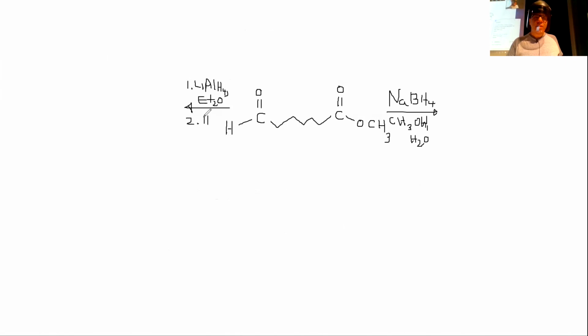So we've already said that sodium borohydride will only react with aldehydes and ketones. It will not touch the ester. So I would expect that we would get a primary alcohol on that end of the molecule. I just want to count my carbons. 1, 2, 3, 4, 5, 6, 7. And the ester group will remain intact.